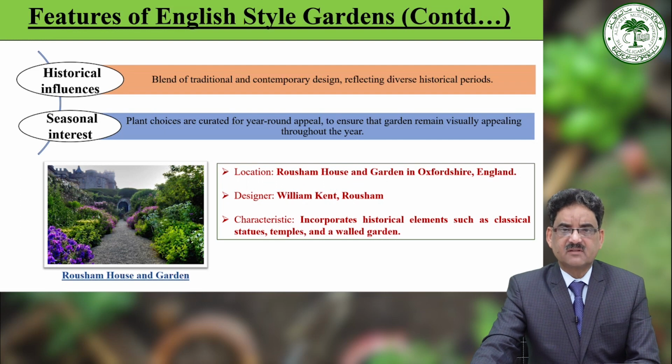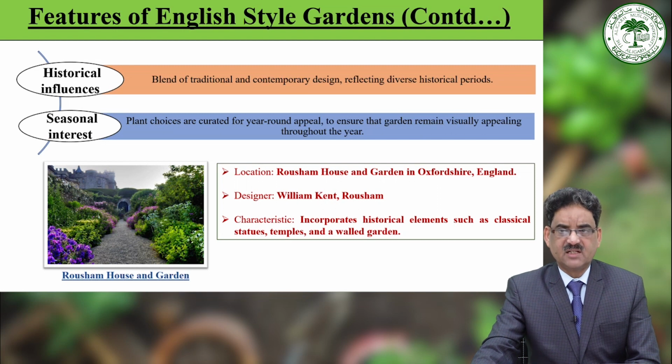The next feature of English style garden is its historical influence. English gardens often showcase a blend of traditional and contemporary design elements, drawing inspiration from various historical periods to create a unique and diverse aesthetic.